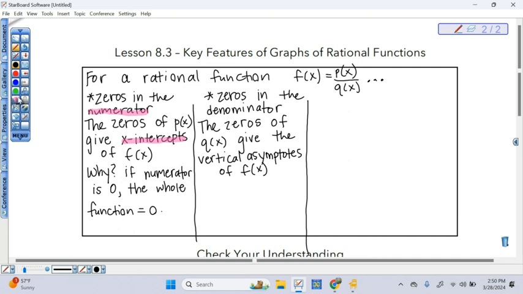Right? The values that make the denominator 0 tell us the vertical asymptotes. And why is that? Because the denominator cannot equal 0. Right? It's undefined.